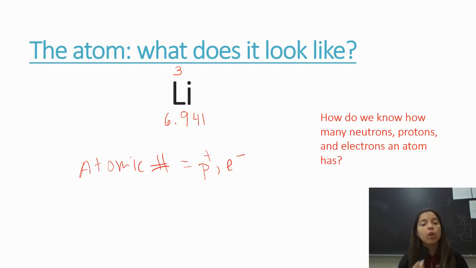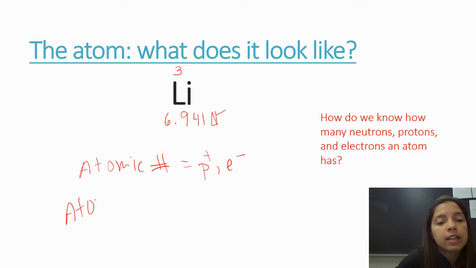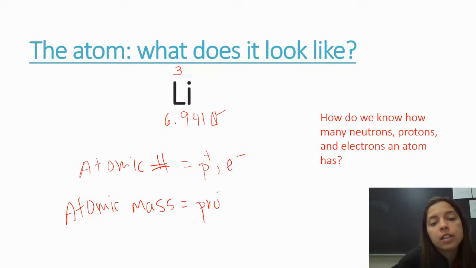Now, we know from before that the atomic mass, which is this one right here, atomic mass equals protons plus electrons. Sorry, not electrons, plus neutrons.